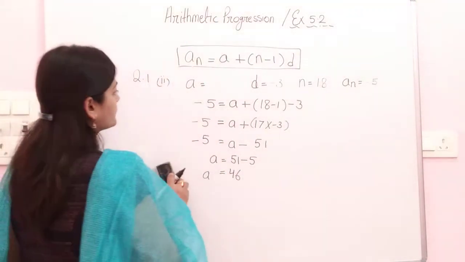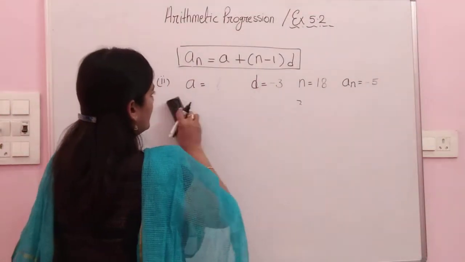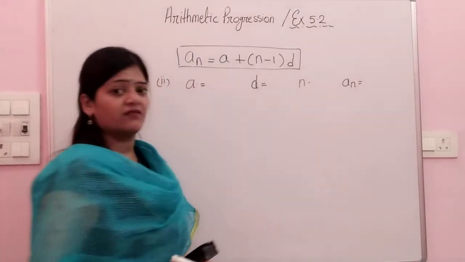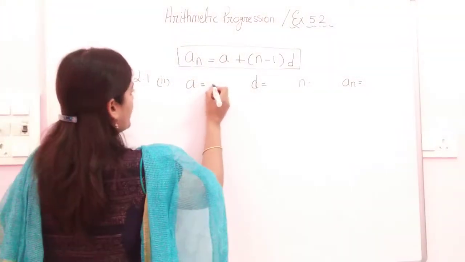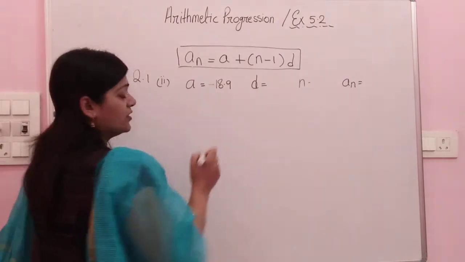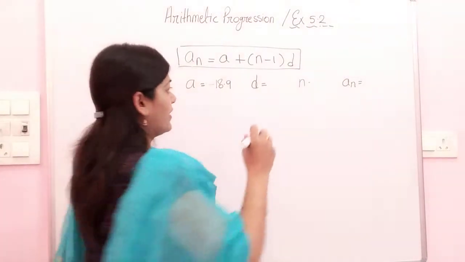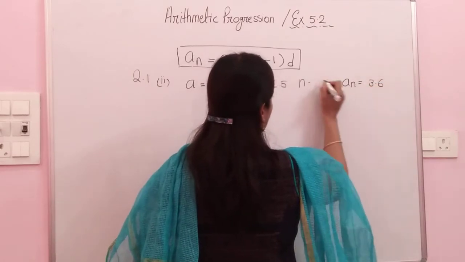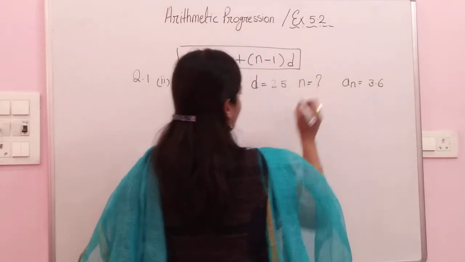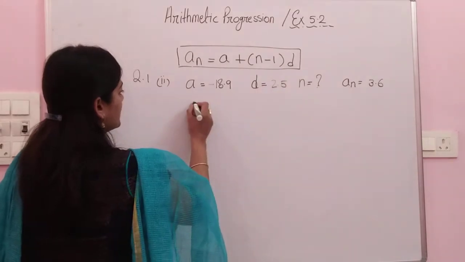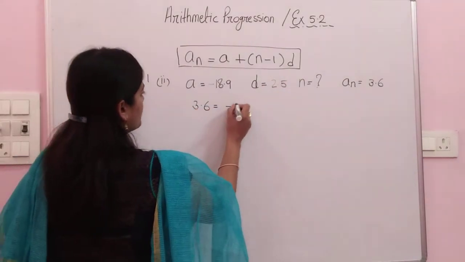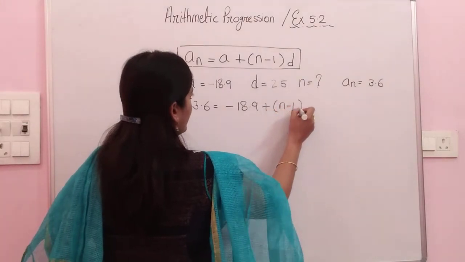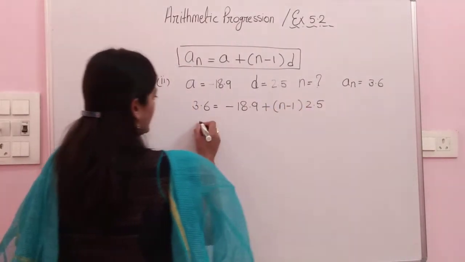Clear? Fourth part. In the fourth part, the value of A is minus 18.9, the value of D is 2.5, and the value of AN is 3.6. This means you have to find the value of N. Put the values. 3.6 is equal to minus 18.9 plus N minus 1 times 2.5.